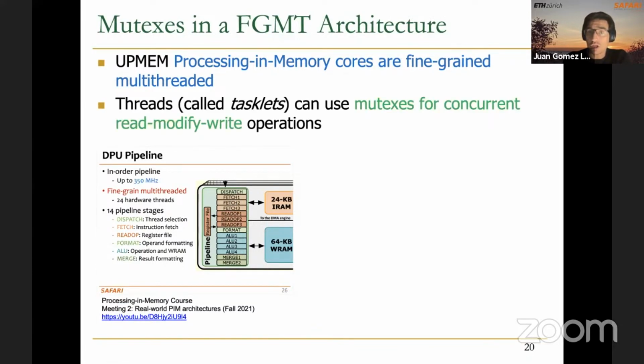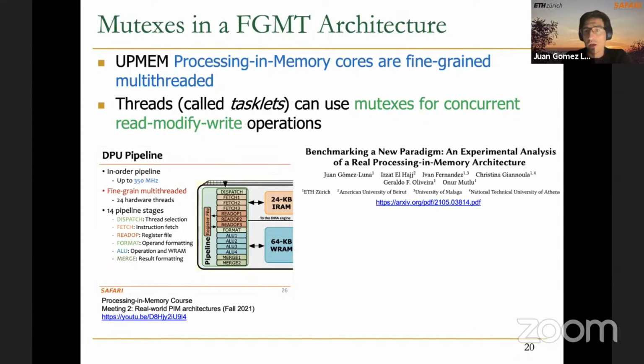Whenever these threads, which are called tasklets in this architecture, need to synchronize or need to access a critical section, a concurrent data structure for example, they can use mutexes for these concurrent read-modify-write operations.